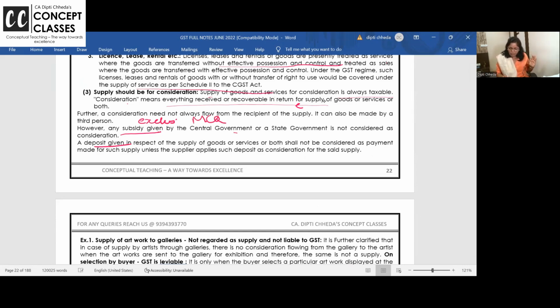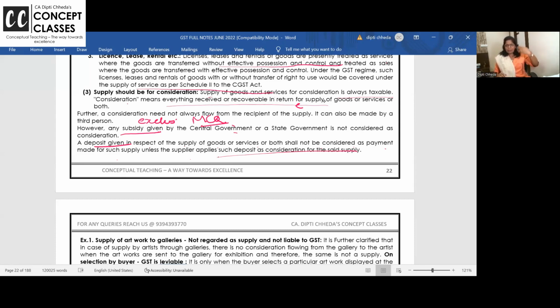MCQ or objective questions, true and false, ask this a lot. Whatever consideration is coming, if a subsidy is coming, it is not a part of the consideration. And a deposit given in respect of supply of goods or services shall not be considered as payment unless the supplier applies the deposit. Now this is good.